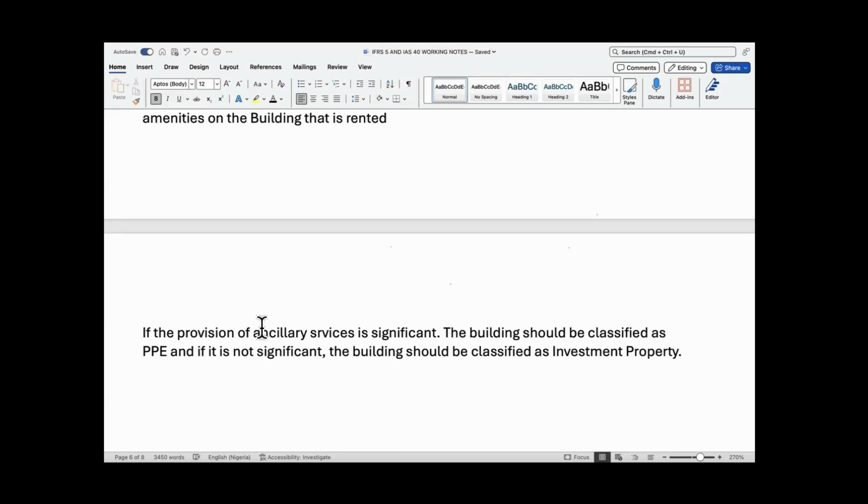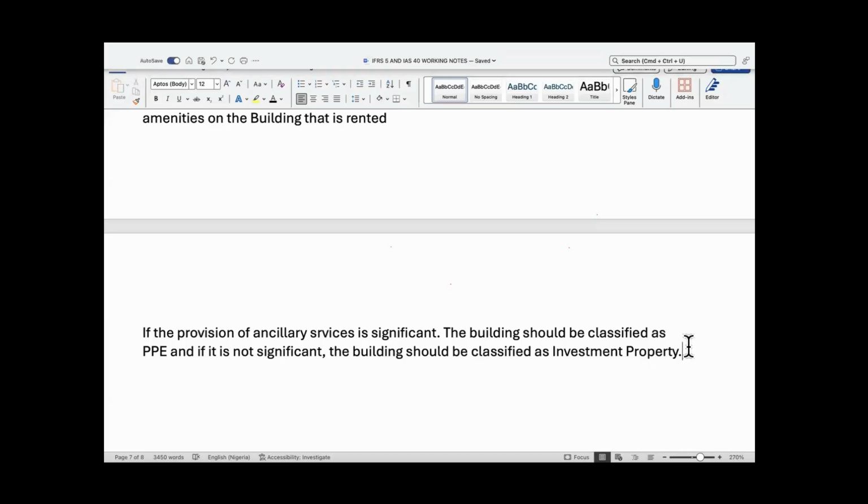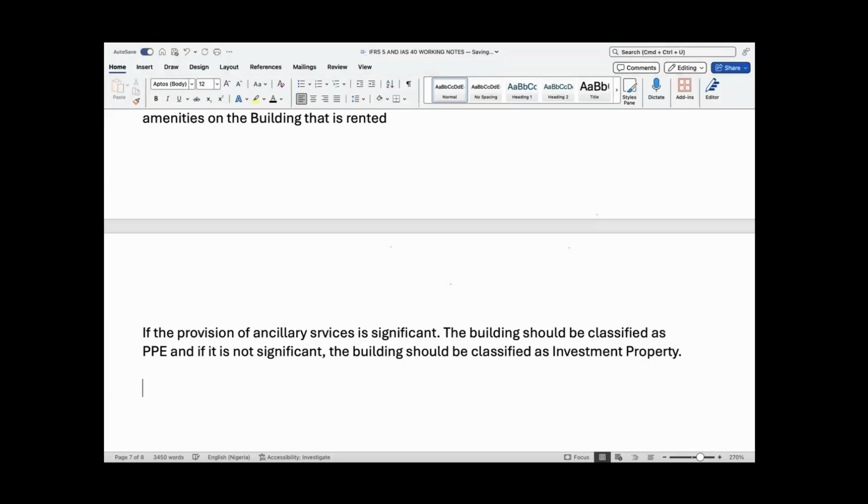So we need to look at ancillary service when we are classifying a building. If the ancillary service is significant, that's PP. That means you are too involved. It's not an investment property, right? So it is only if the ancillary service is insignificant that it still retains its investment property position.